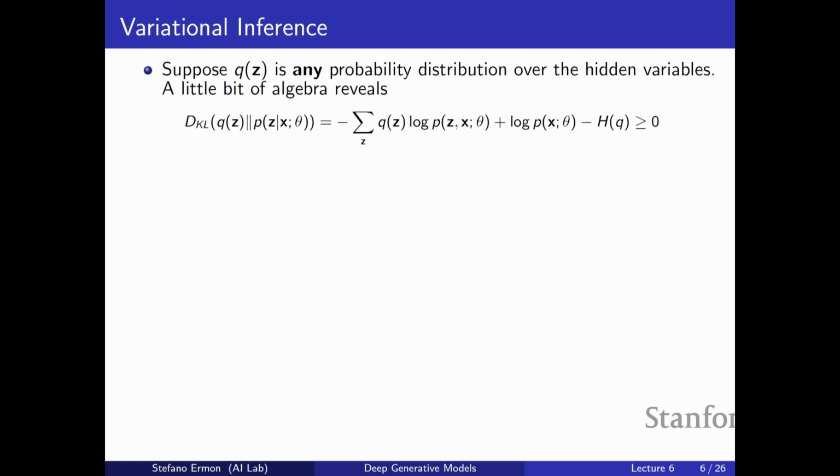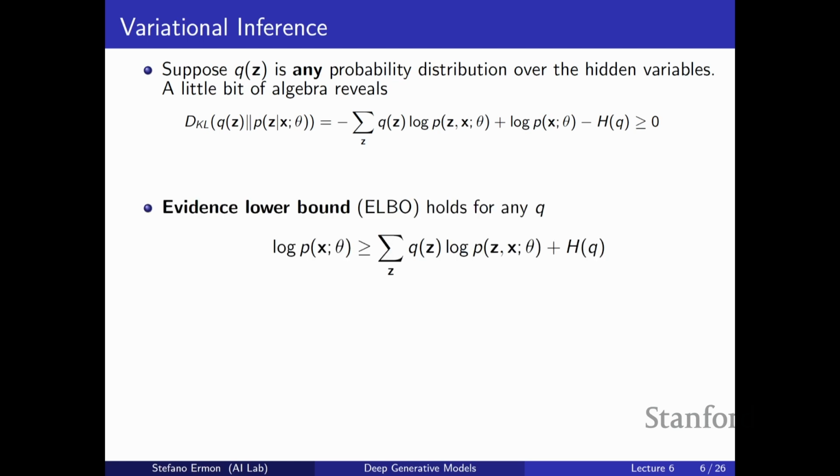The key takeaway is that KL divergence we know is non-negative. For any choice of Q, this KL divergence on the left-hand side has to be non-negative. And so now if you rearrange these terms, we re-derived the ELBO in a slightly different way. If you move the entropy of Q and the first term to the right-hand side, you get, once again, the ELBO.